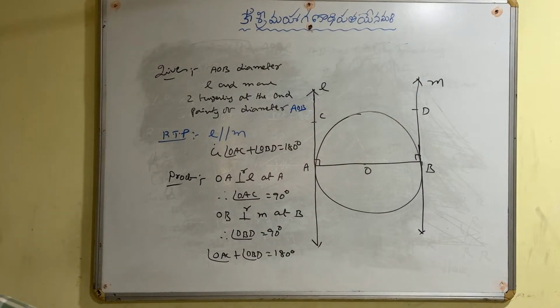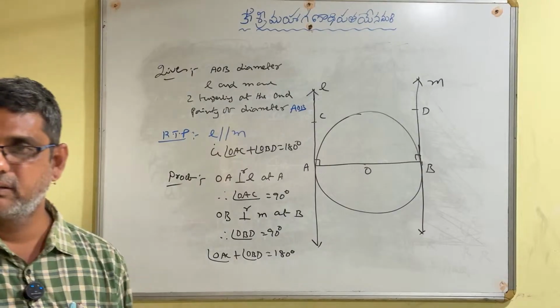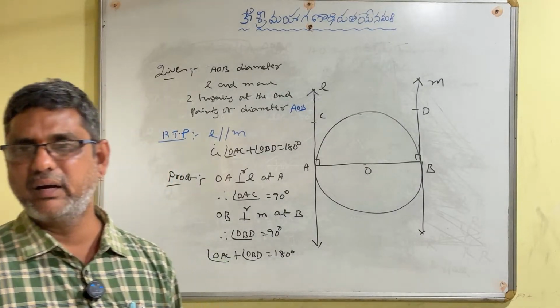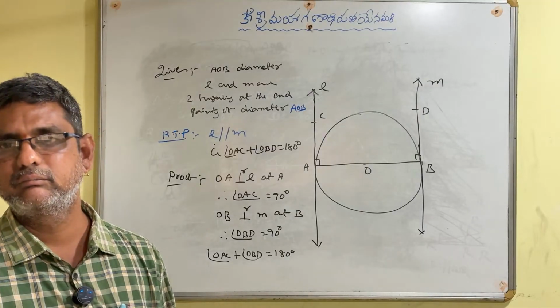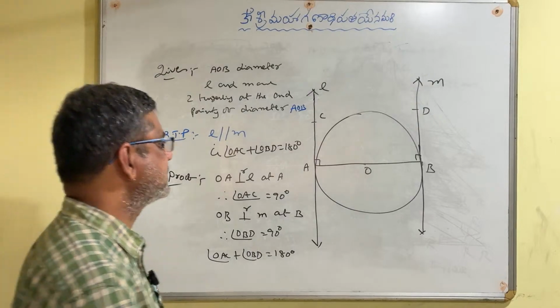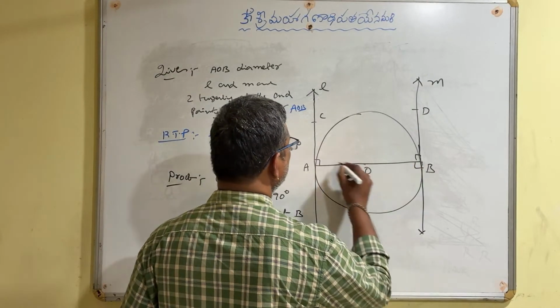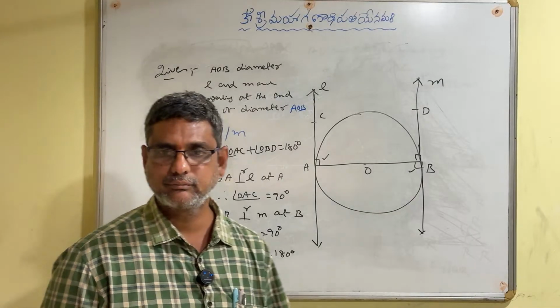Okay. So by Euclid's fifth postulate, alternate interior angles, yes, you can do that one, no problem. Or you can take this angle and this angle, which are alternate interior angles.